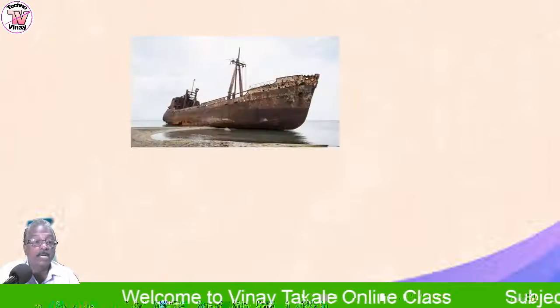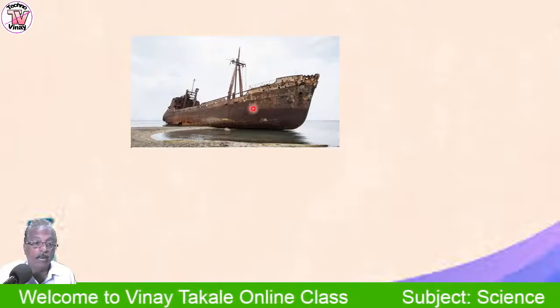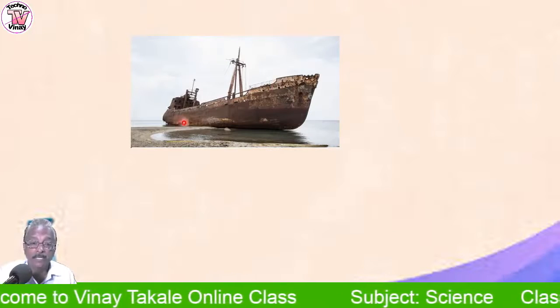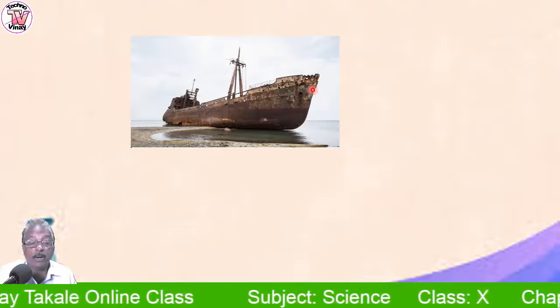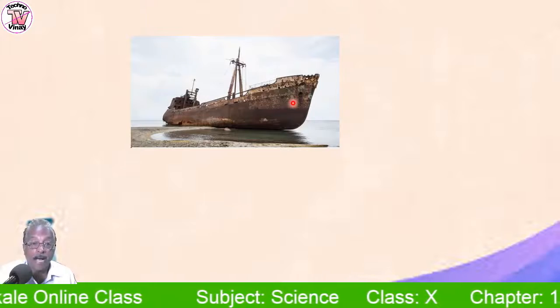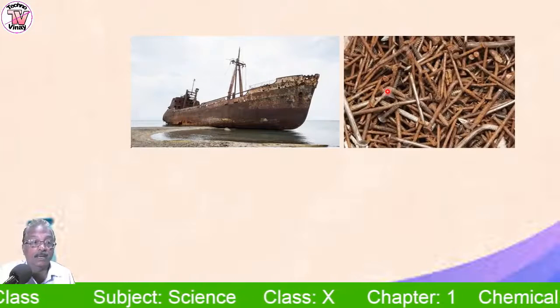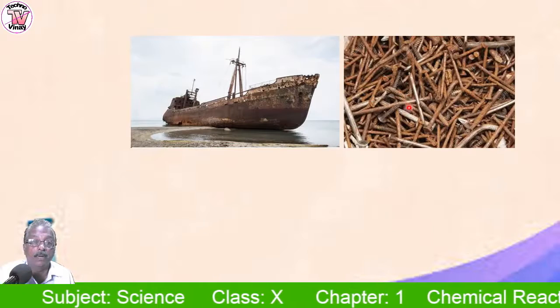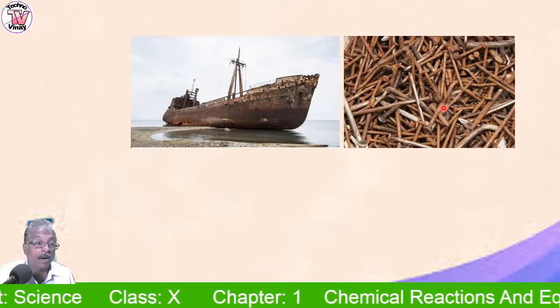Now apart from that, let us see some more examples wherein iron gets rusted in a large amount. This is the ship. Followed? Normally it sails in the sea and it has continuous contact with the water. So therefore what happens? This iron plate becomes brown. See, nails. When you leave them unused, they become brown in color.